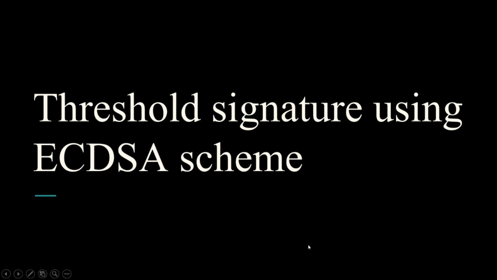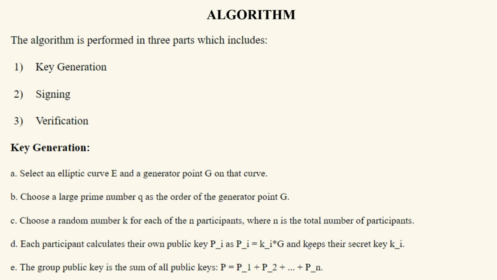Moving on to a threshold signature using the ECDSA scheme. The algorithm is performed in three parts, which include key generation, signing, and verification. Key generation. First, we have to select an elliptic curve E and a generator point G on that curve.